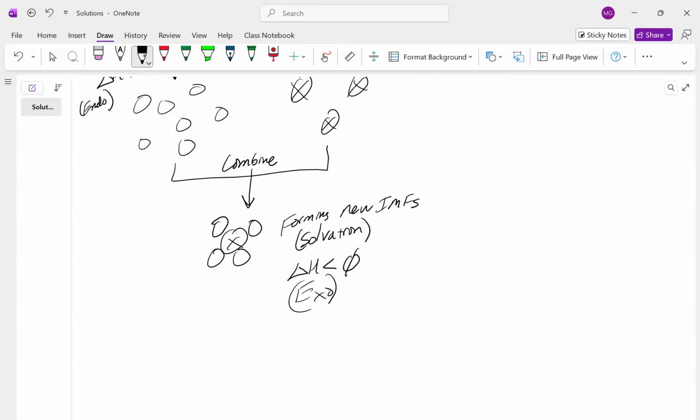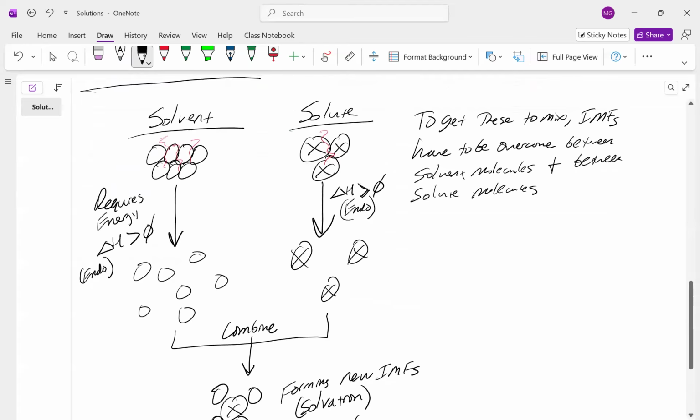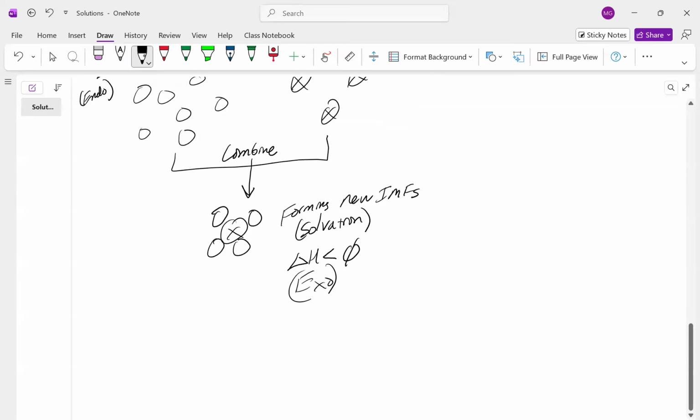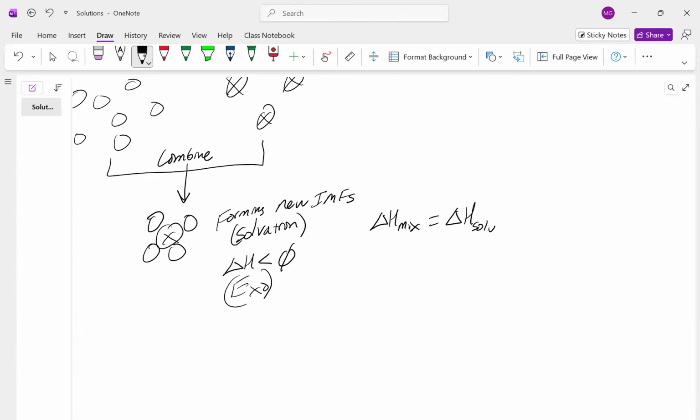And so the amount of energy involved in this whole process of solvent molecules breaking up, solute molecules breaking up, and then recombining so that the solvent is now interacting with the solute can be described with a delta H equation, where the enthalpy of the mixture is equal to the enthalpy of solvation plus the enthalpy of breaking up the solvent molecules plus the enthalpy of breaking up the solute molecules.